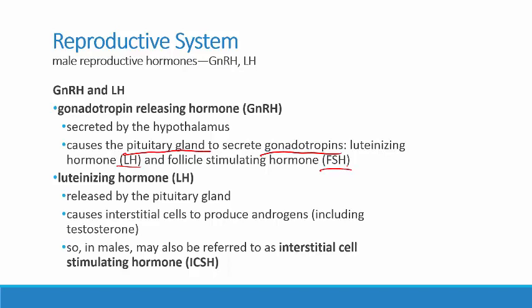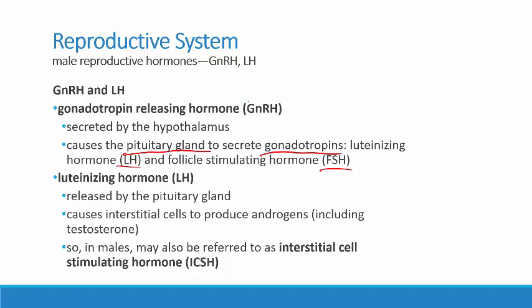They're gonadotropins because they cause activity in the male gonads, in the testes. So that's why this hormone is called gonadotropin-releasing hormone, because it stimulates the pituitary gland to release gonadotropins. Okay, hopefully that makes some sense now.